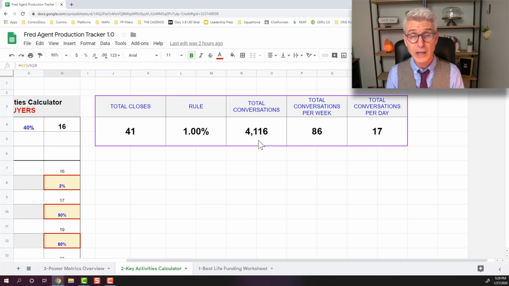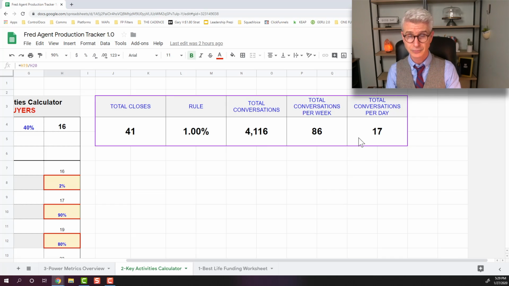And if Fred's going to work 48 weeks, if you take that 4,116 and you divide it by a 48-week work week, Fred's going to have 86 conversations a week, and if he works a 5-day week, basically he has to have 17 conversations a day.